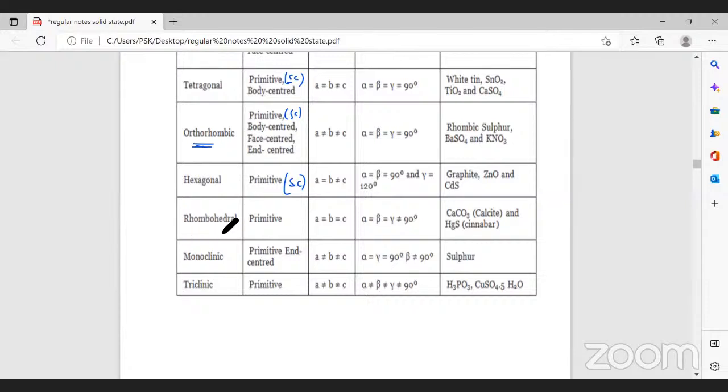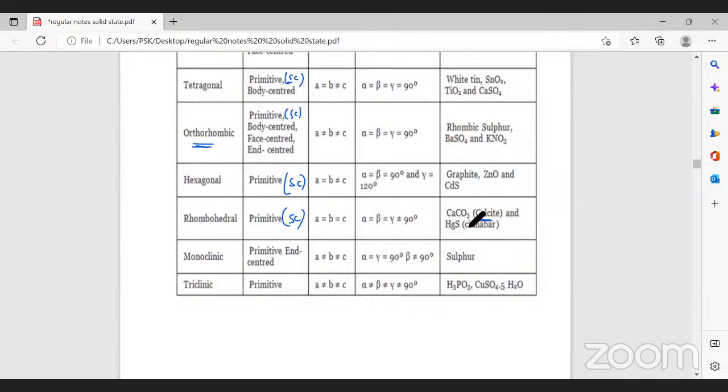The next, rhombohedral, also has only 1 Bravais lattice, simple or primitive lattice. Examples: calcium carbide, calcium carbonate. See, this calcium carbonate is amorphous. In your labs, your teachers would have given you calcium carbonate for analysis, which is in amorphous state.